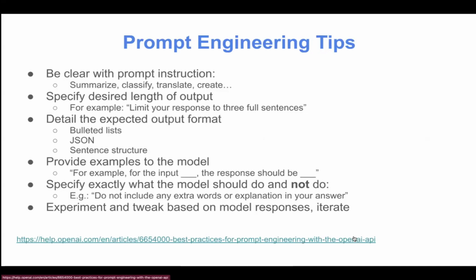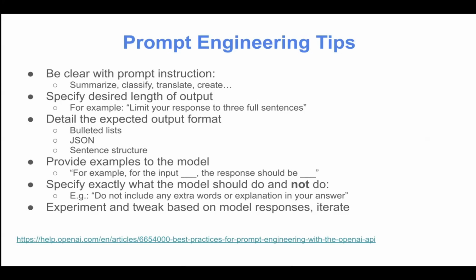Just to summarize, we want to be clear about exactly what our task should be. You can specify things about the output, for example, the length or the format of it. Providing examples is often helpful, as is specifying exactly what you want the model to do and to not do.